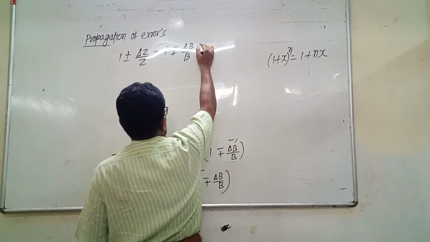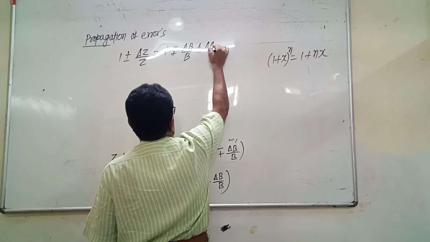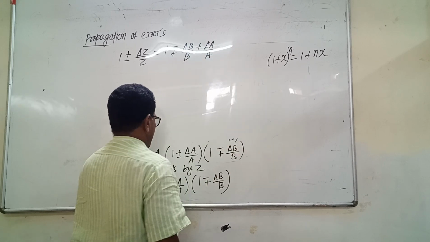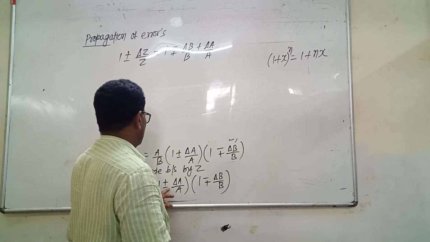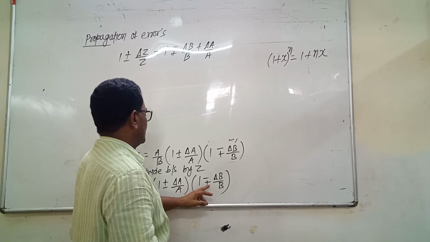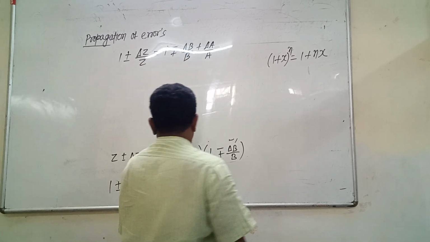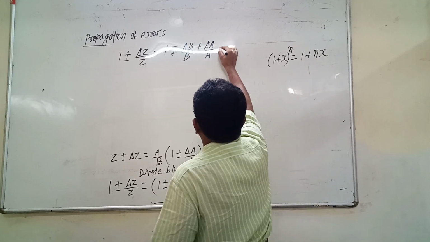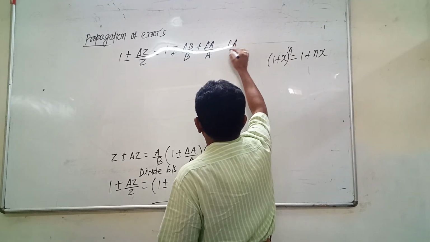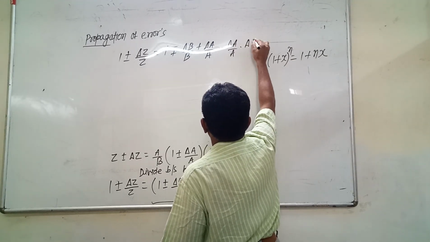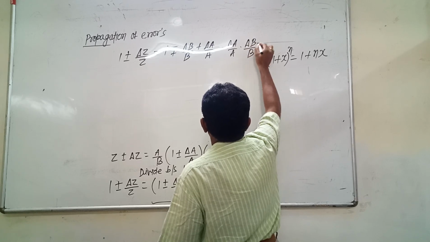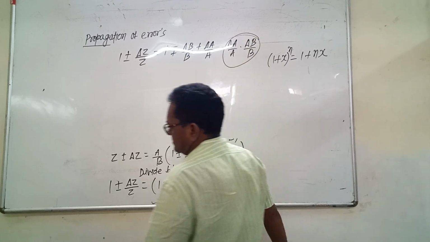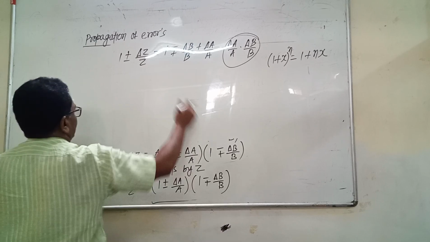So plus minus delta A by A, and plus minus minus, and minus plus minus. So it comes delta A by A into delta B by B. Now again this is the smallest term which must be neglected.